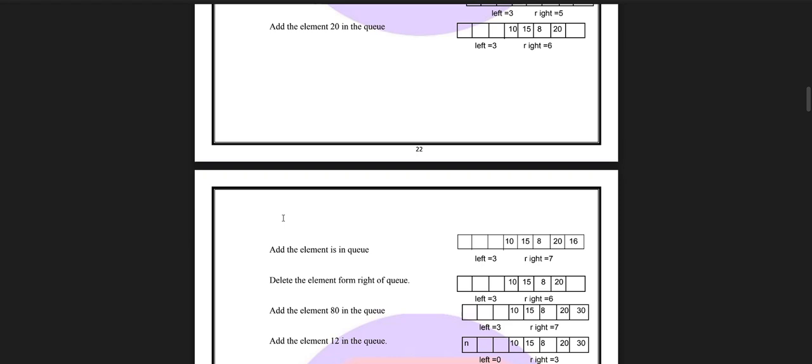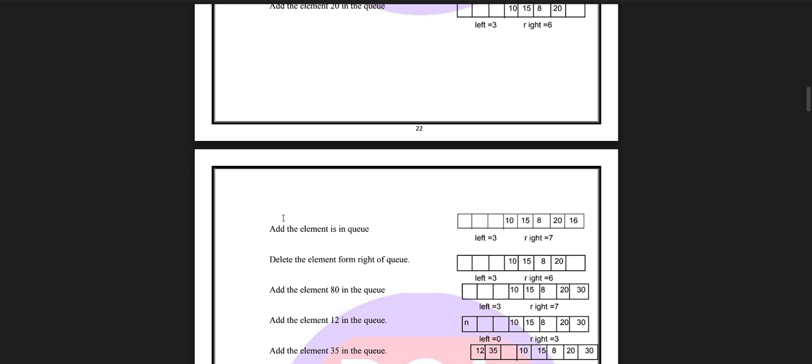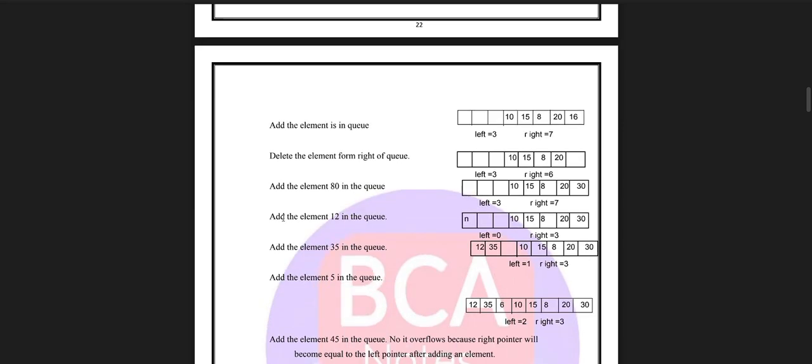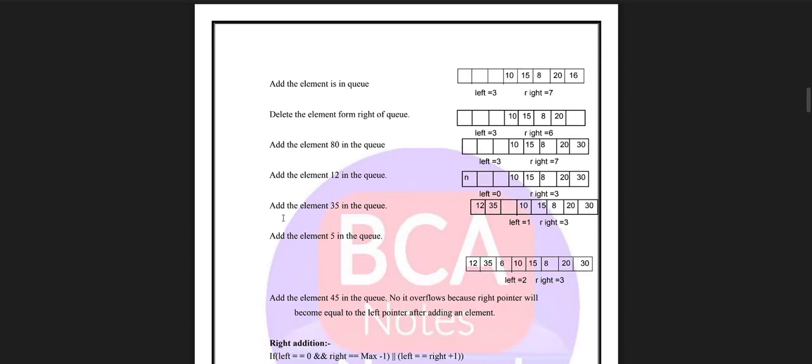Add the element 12 at the left of the queue: 12, 10, 15, 8, 20, 30. Add an element in the queue, left 3, right 3, with 12, 35, 10, 15, 8, 20, 30. Add the element in the queue: 12, 35, 6, 10, 15, 8, 20, 30, left 2, right 3. Add the element 35 in the queue. No, it overflows because the right pointer will become equal to the left pointer, and we cannot add an element.